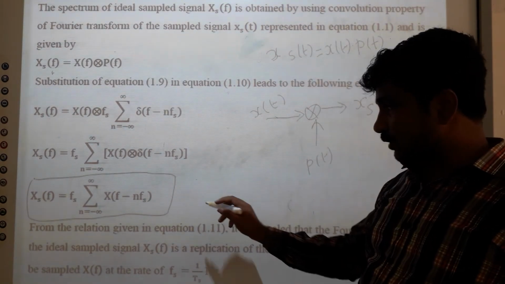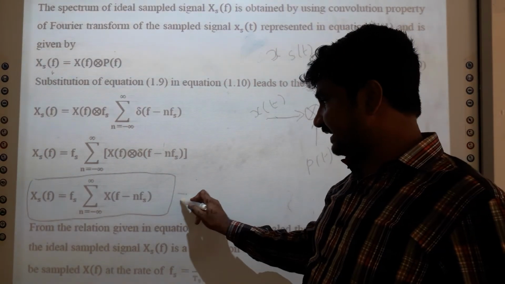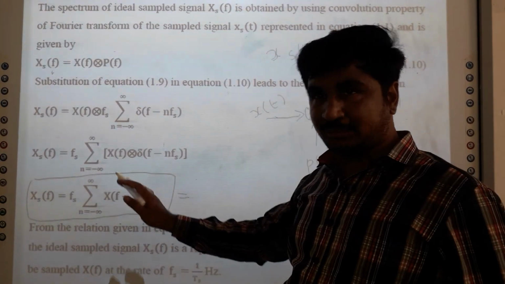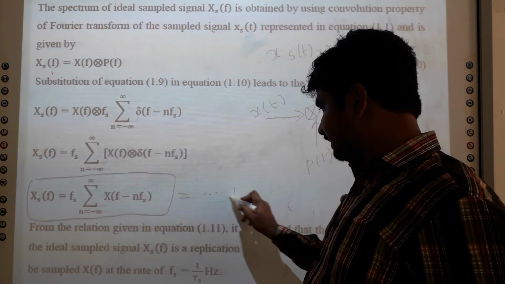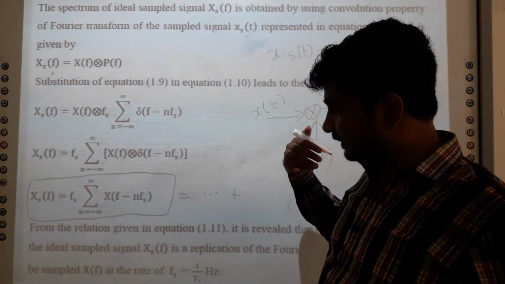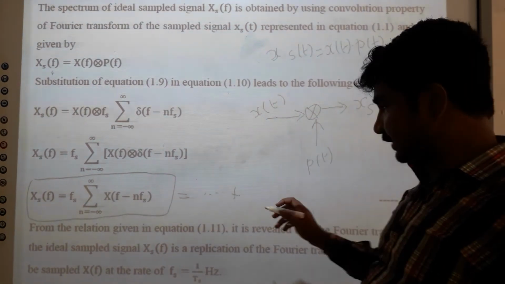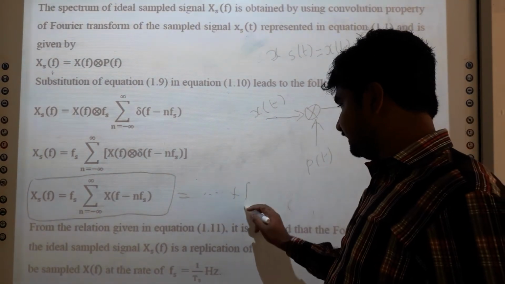As we already noted in the previous case, again I am writing for n equal to 0, 1 and 2, having infinite number of replicated spectra on the negative portion as well as on the positive portion. I am writing only three components.